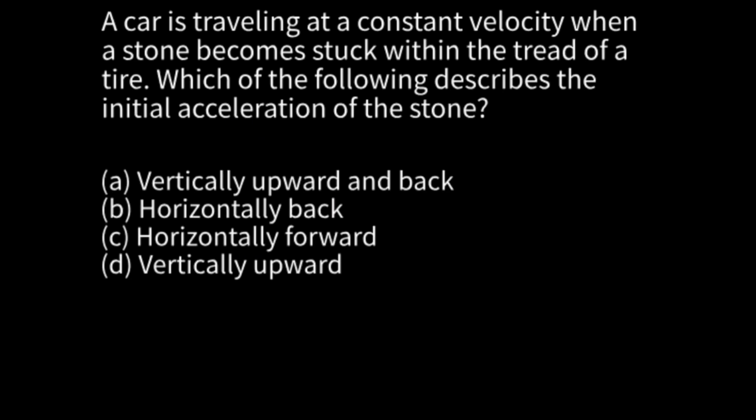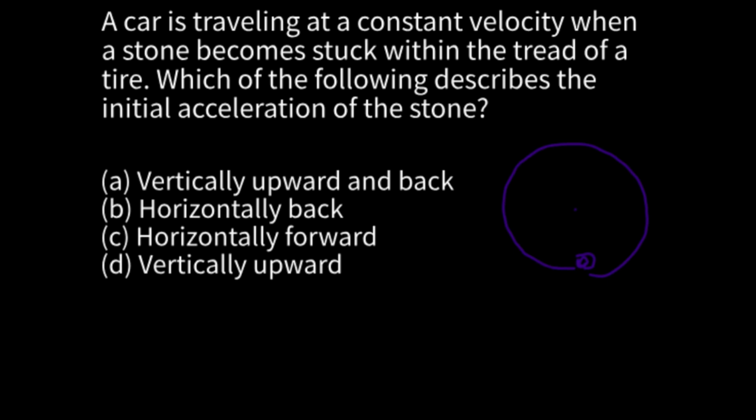Alright, this will be the last problem for this video. We have a car traveling at a constant velocity when a stone becomes stuck within the tread of a tire, and we want to know which of the following describes the initial acceleration of the stone. This is a more challenging problem. Here we've got a stone, and it becomes stuck within a tire.